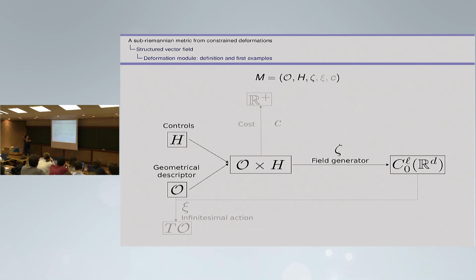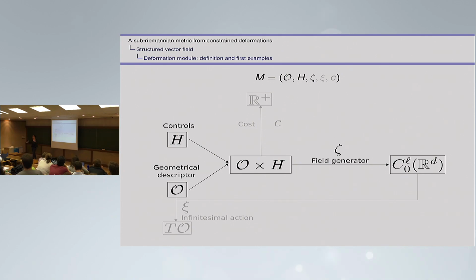Then, as I said, the geometrical descriptor will call for the geometry. So if you remember the ears, if the ears are moved for any reason, you want the geometry to follow the fact that the geometry is moving.